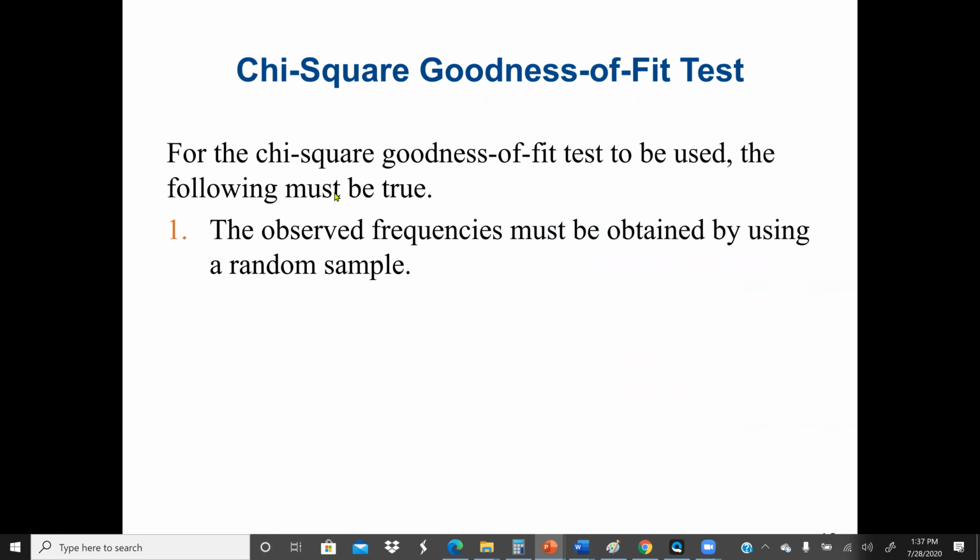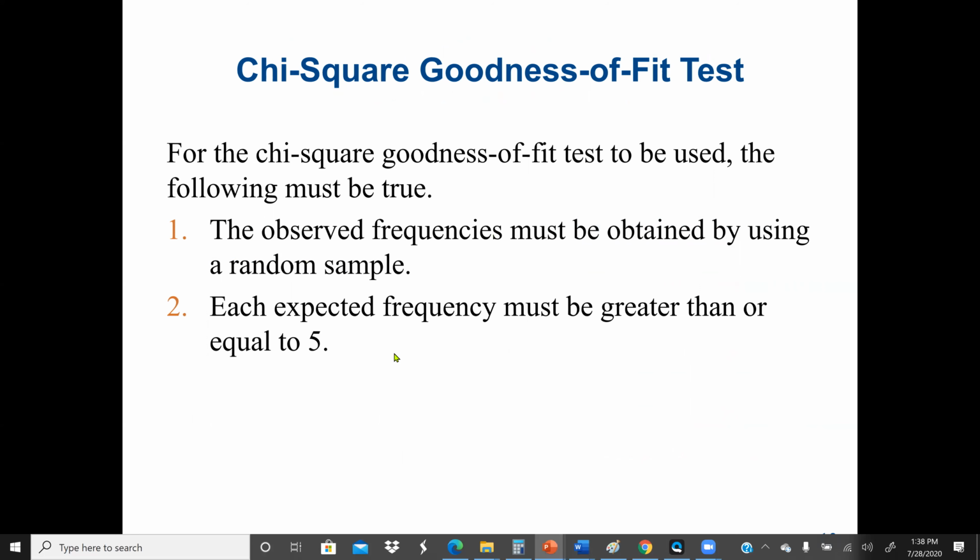So now we are going to go through the steps. For the chi-square goodness of fit test to be used, the following must be true. The condition says the observed frequency must be obtained by using a random sample. So again, the sample that we collect should be a random sample.